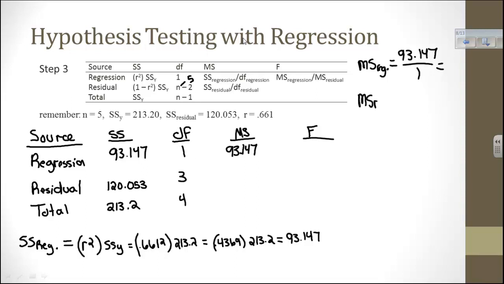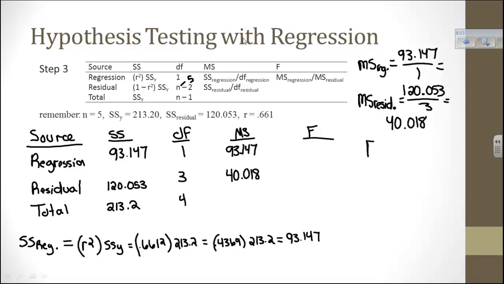Mean squares residual. So the variance not predicted by the regression equation, 120.053 divided by 3, and you end up with 40.018. I'll just write that here, 40.018.